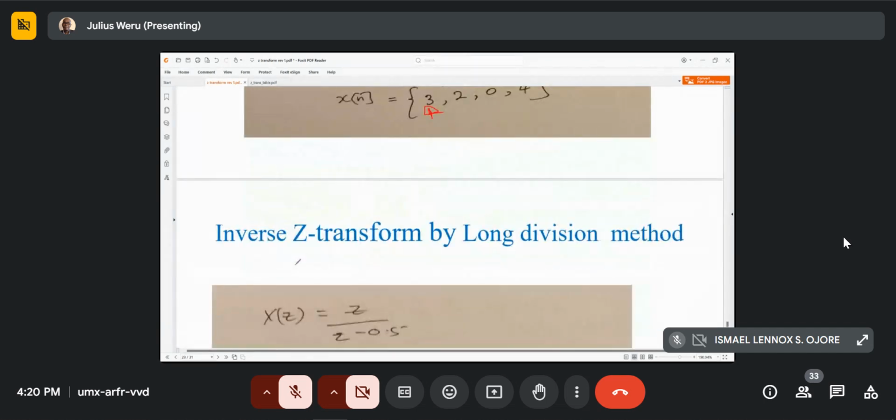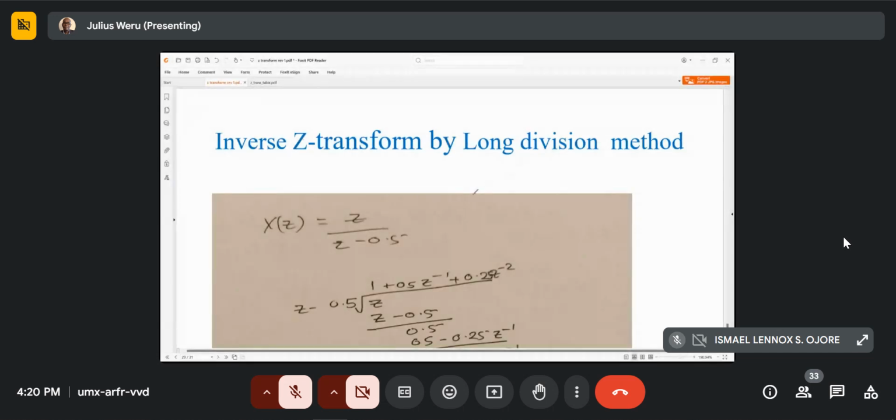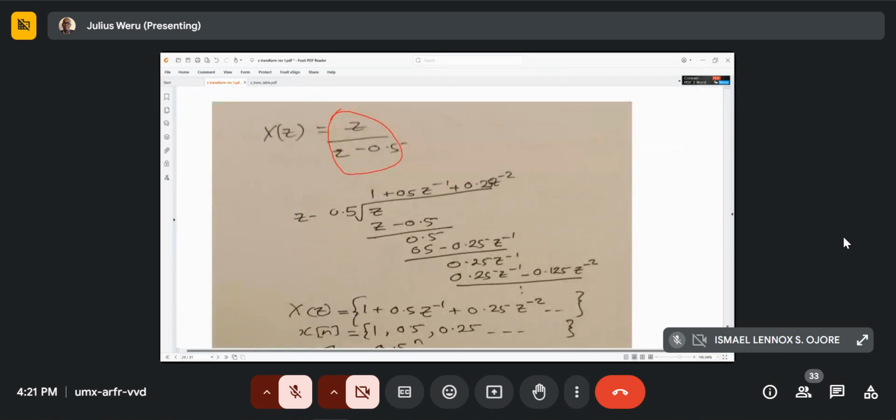Now, long division. You're given this. Of course, some of them will be such that you can check the table and see it.